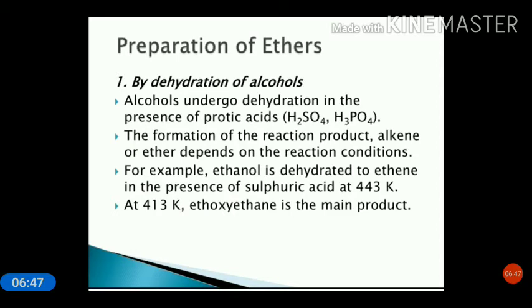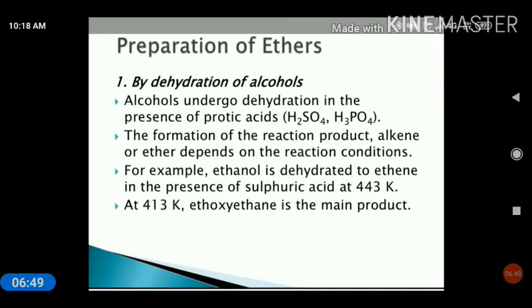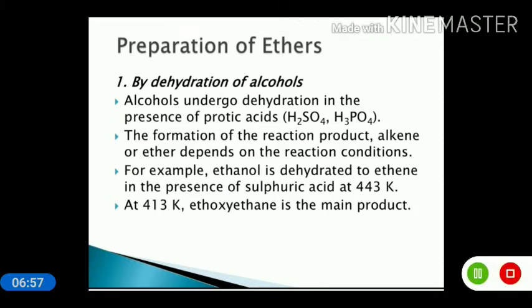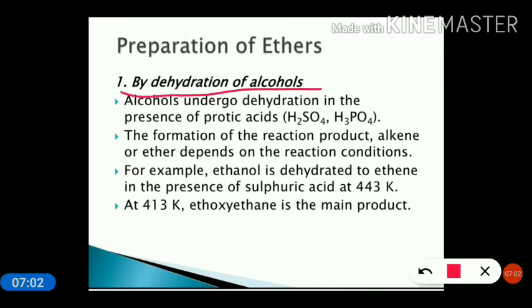Now we will see the method of preparation, MOP. The first method is dehydration of alcohol. Dehydration means, D means removal, hydration means water. So removal of water. So alcohols undergo dehydration and form ethers.